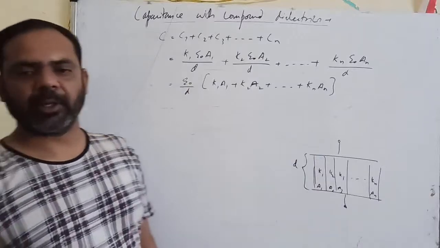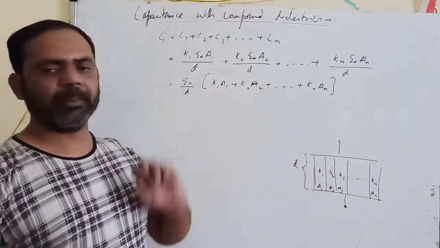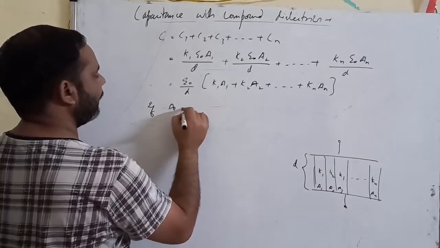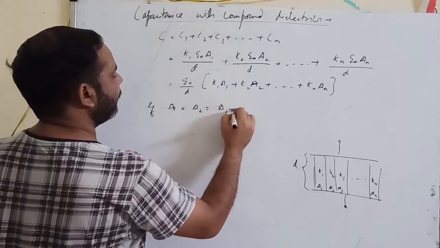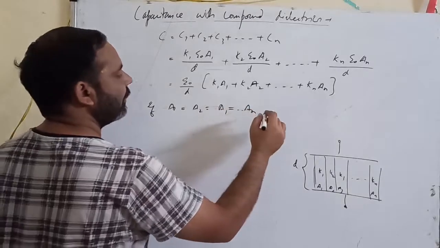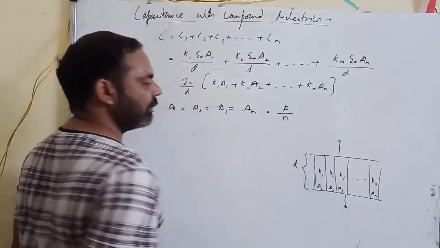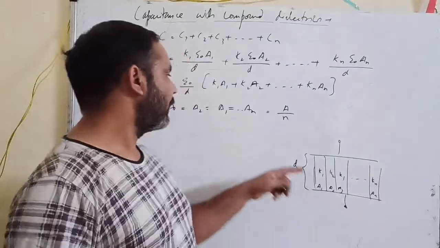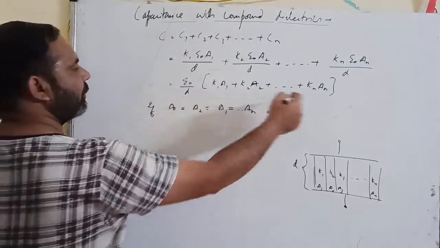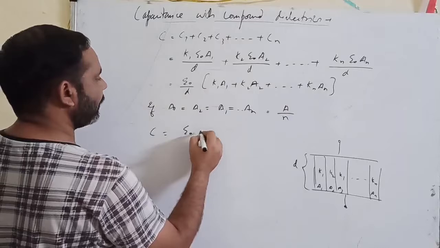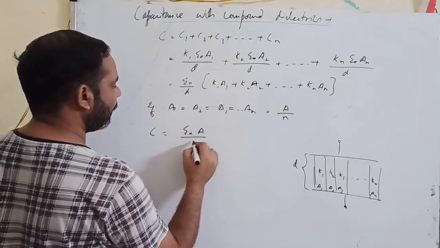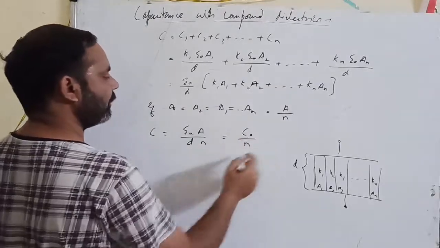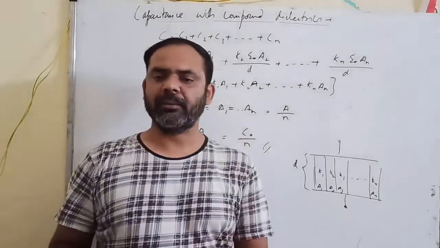Now let us suppose that if they have equal areas, A1 equal to An, then this will be equal to A upon N, where A is the total area of the plates. So this formula will become C equals epsilon naught A upon D into N, which will be equal to C naught upon N.